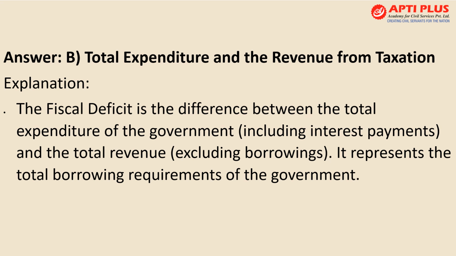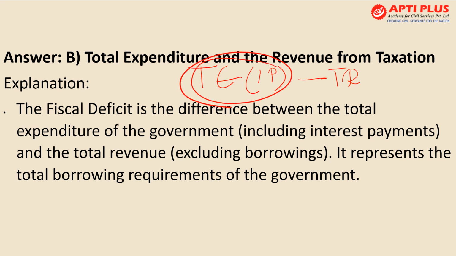Fiscal deficit is the difference between the total expenditure of the government, including its interest payments, and the total revenue. कितना सरकार के पास पैसा जाता है और कितना आता है, उसके डिफरेंस को जानेंगे, और ब्याज की पेमेंट्स, the interest payments, उसको भी इंक्लूड करेंगे.